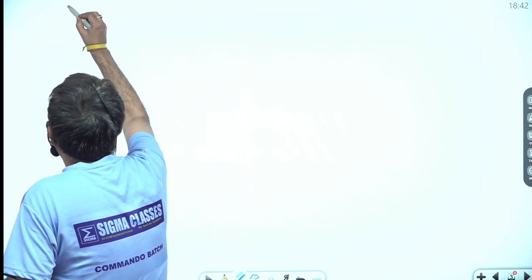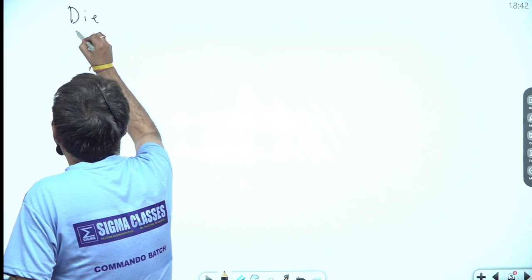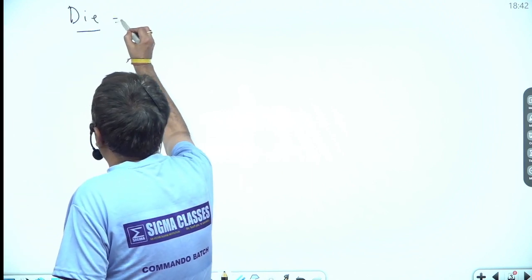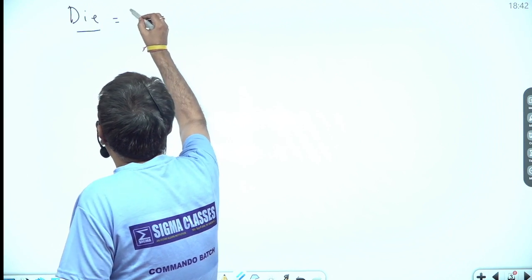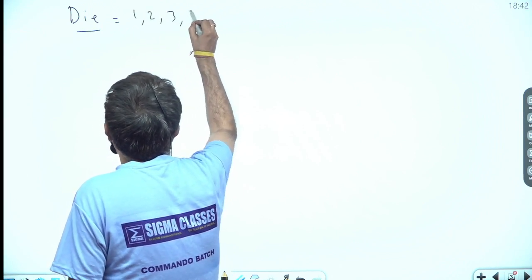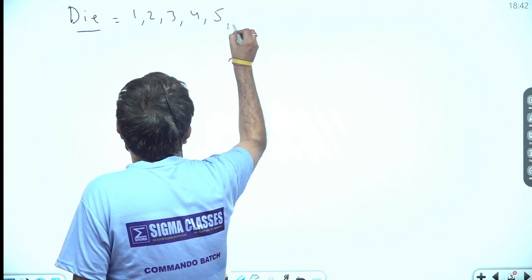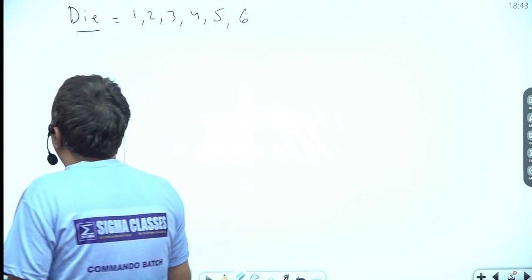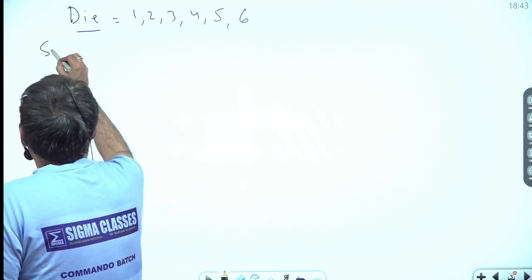Then you have dice as a case. Now dice has 6 faces, 1, 2, 3, 4, 5, 6. So when you throw 2 dice, what is the sum which you get?